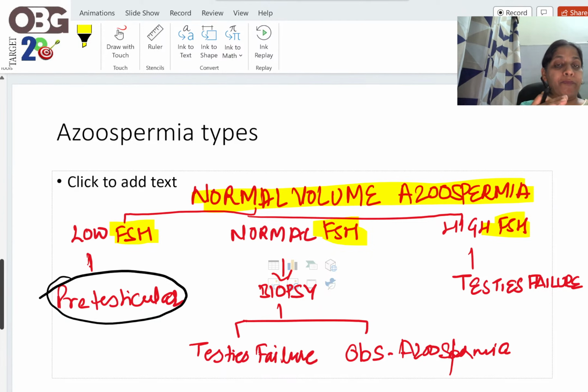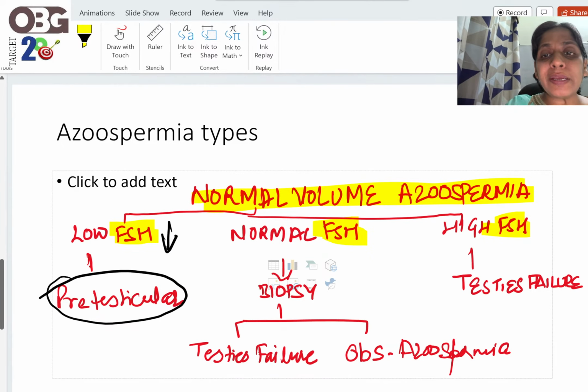Okay, so first if the FSH is decreased, then it is pre-testicular. It means it is a hypothalamus pituitary fault, right? I hope you know this.